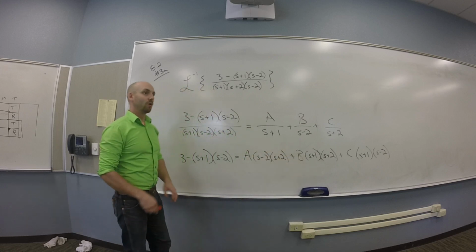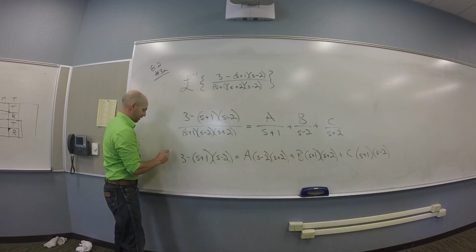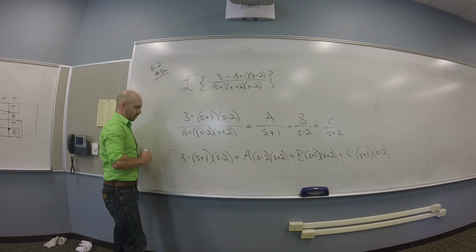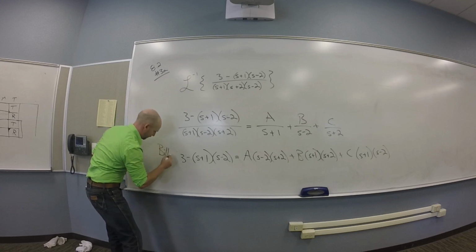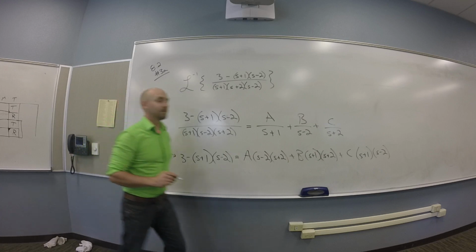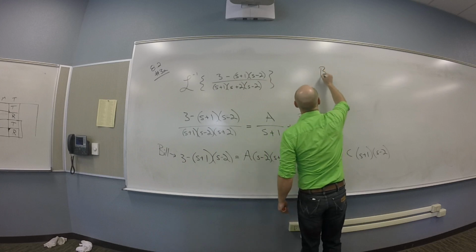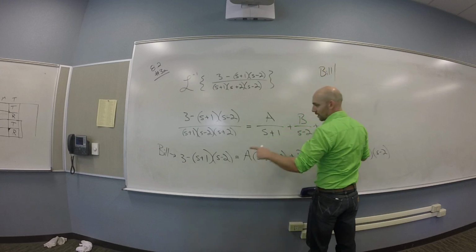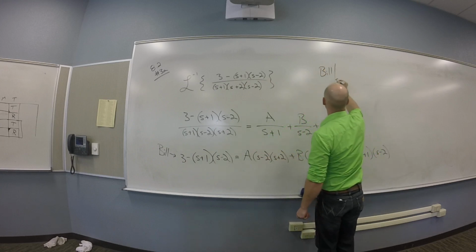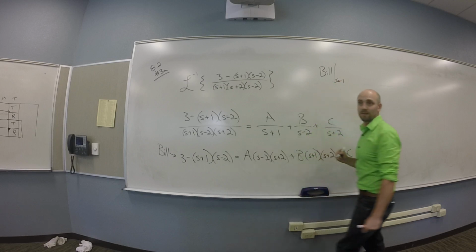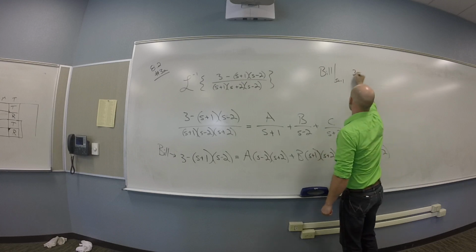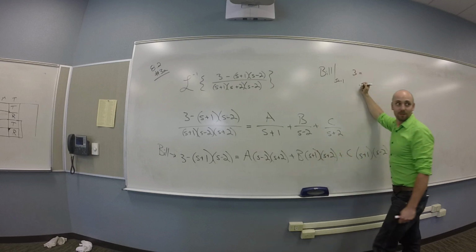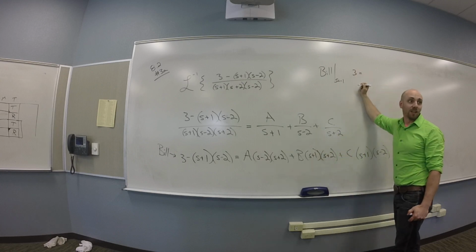So take the whole thing and evaluate at s is -1, right? So I'm going to get 3. You see how slick that was? That's why I left those in there.